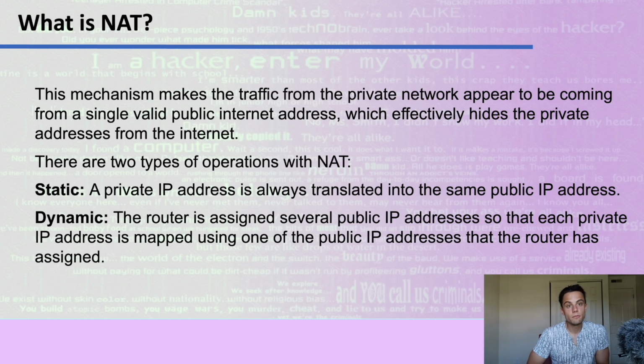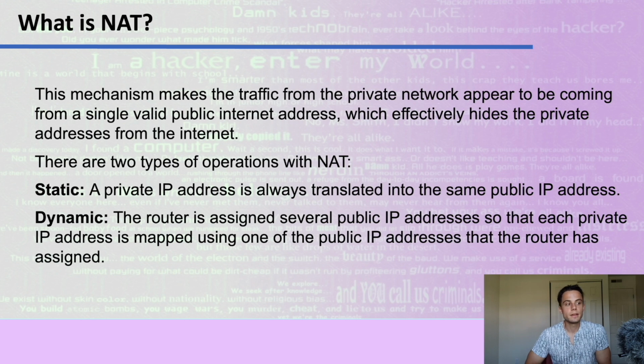If you are a company and you have a lot of machines in your site, this doesn't mean that you need public IP addresses for all of them. Instead, you can have different local or private IP addresses for all of your machines and only one public IP address which will connect all these machines to the internet.